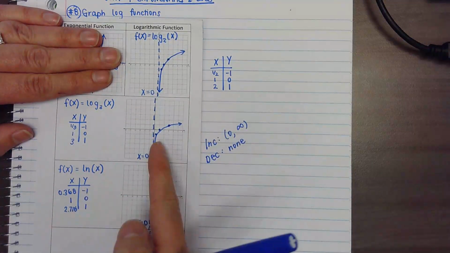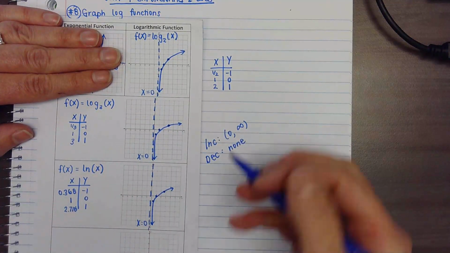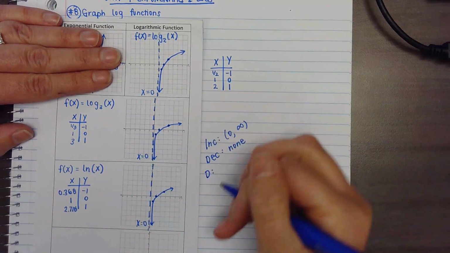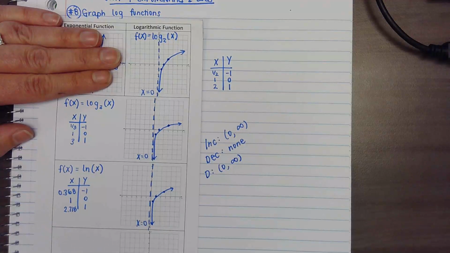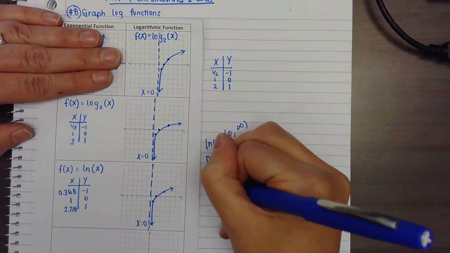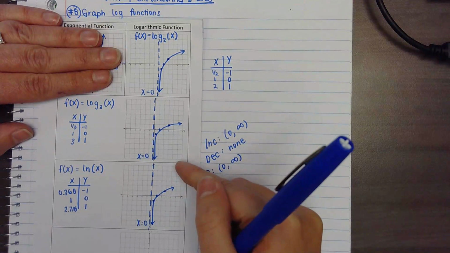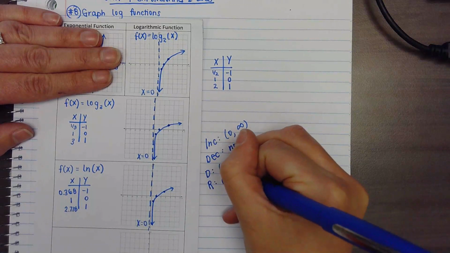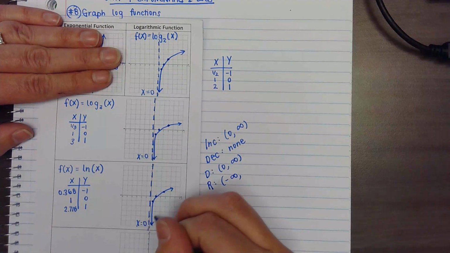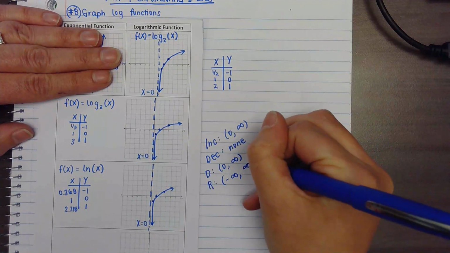My y values are going up. My domain for all three of these is from 0 to infinity. My range, lowest value to highest value, my y values or outputs, negative infinity, right? It keeps going down all the way up to infinity.